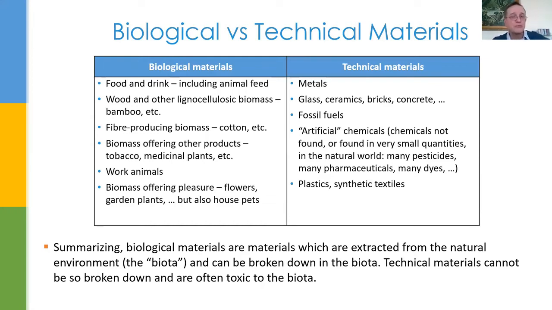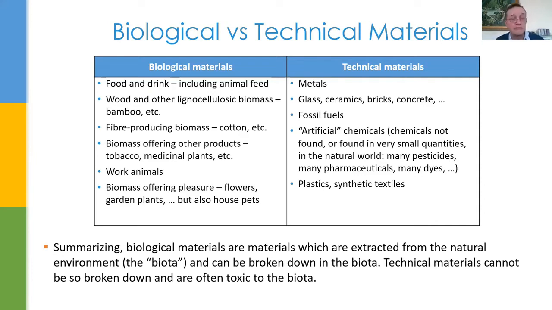Then there are the fiber producing biomass. Cotton is the big one, king cotton, but there are many others which may have regional importance. There's biomass which is offering us other products and services, tobacco, which is perhaps not one that we want to promote too much anymore, medicinal plants, and so on.